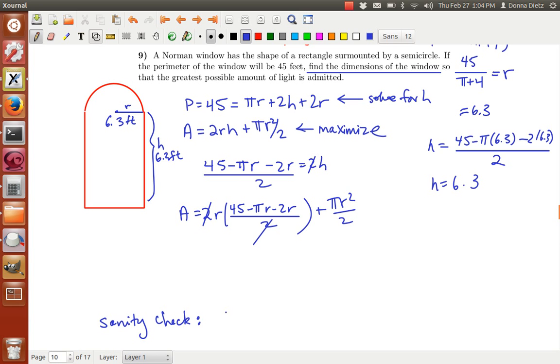Sanity check, perimeter equals, is it equal to 45? But it should equal pi times 6.3 plus 2 times 6.3 plus 2 times 6.3. Everything's times 6.3.